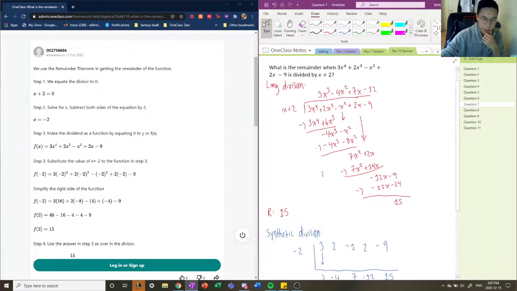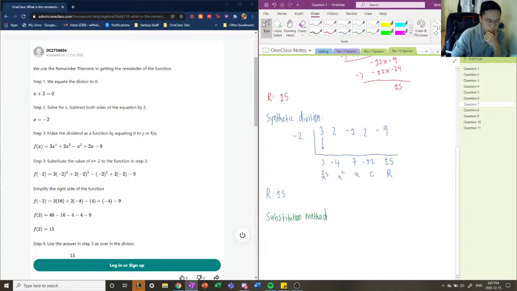So the zero from our divisor is going to be x equals -2. So we're going to sub x equals -2 into our function here. So f of x is equal to 3x to the power 4 plus 2x cubed minus x squared plus 2x minus 9.